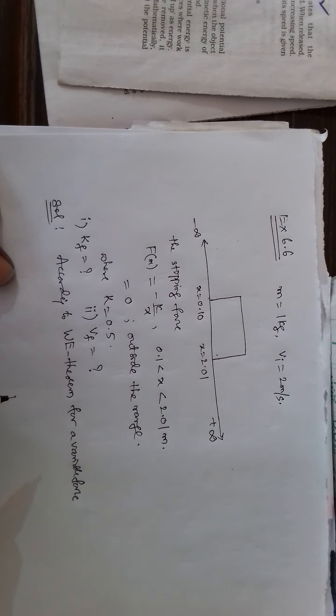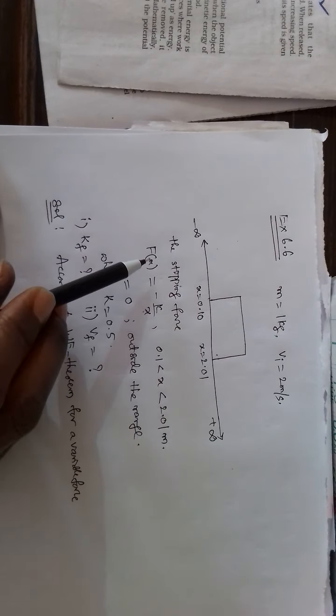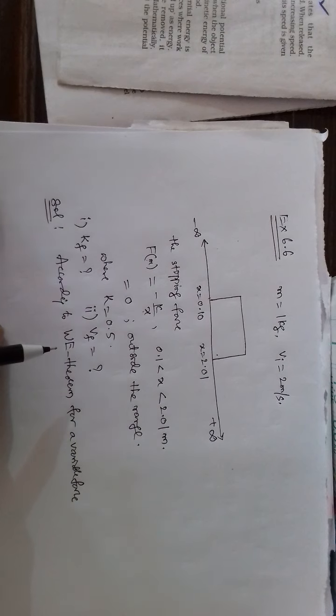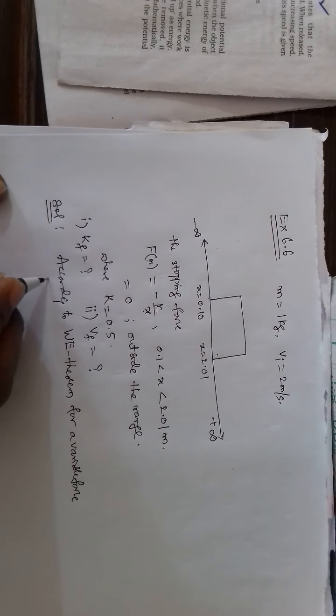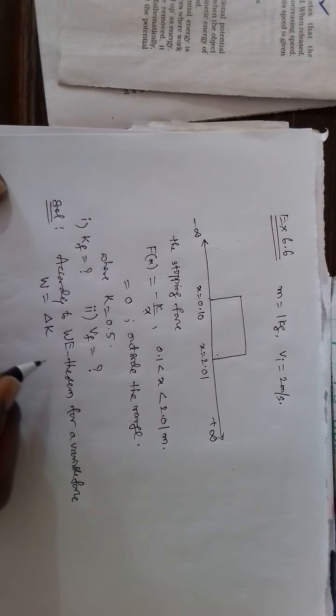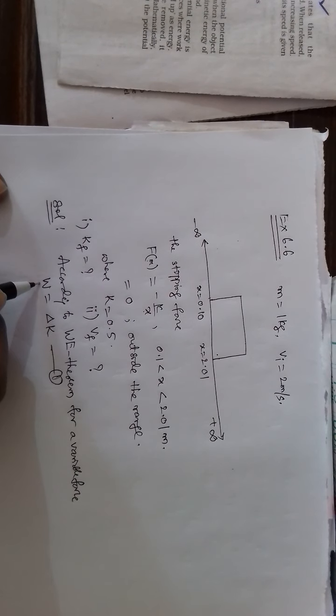How can you say here the force is variable? The stopping force is a function of x, therefore it is a variable force. Whether it is a variable force or a constant force, its statement is the same. Work done is equal to change in kinetic energy. That's all. So first let us find work done.